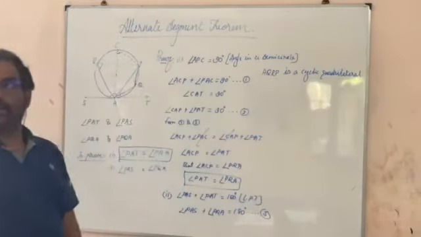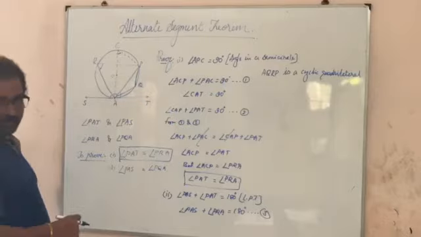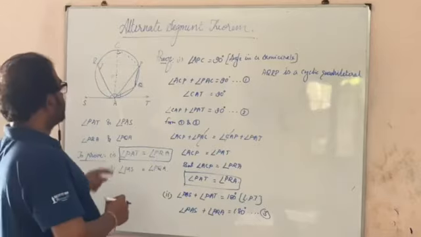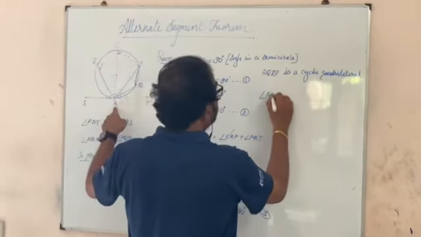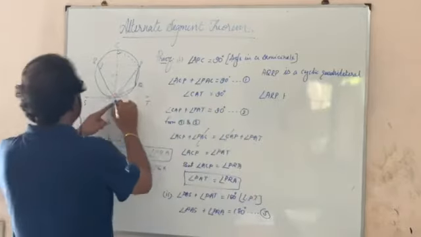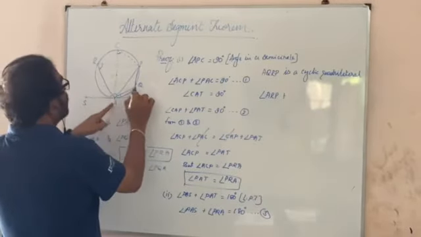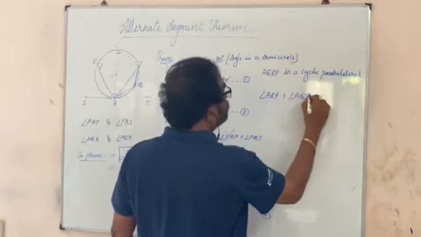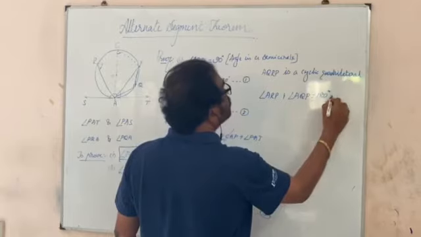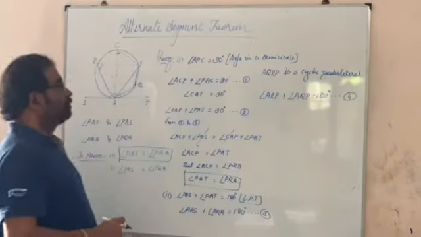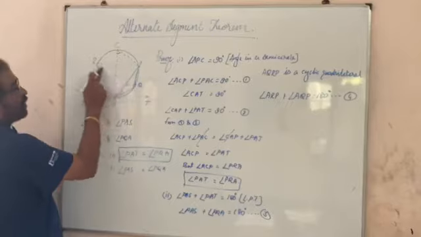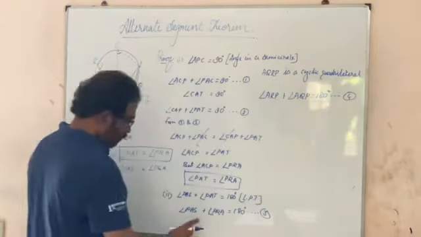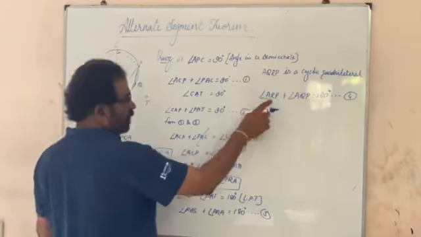So what is an important property of the cyclic quadrilateral? Opposite angles are supplementary. The sum of the opposite angles is 180. That is, angle ARP plus angle AQP is equal to 180. Let this be 4. So ARP plus AQP is 180. Here, PAS plus PRA is 180.